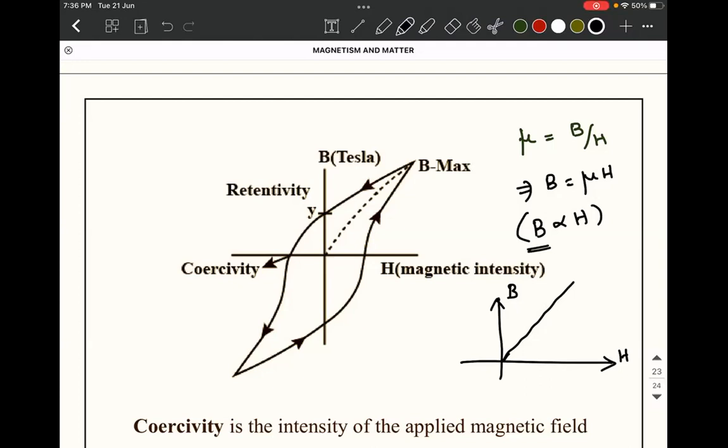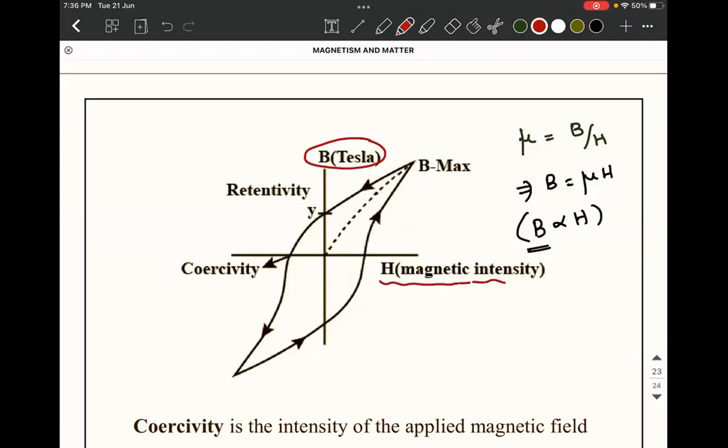But to our surprise, you will not get a straight line at all. Rather, you will get a curve. That curve has a name, concentrate. I want everybody to draw this graph. B stands for magnetic induction and H stands for magnetic intensity.